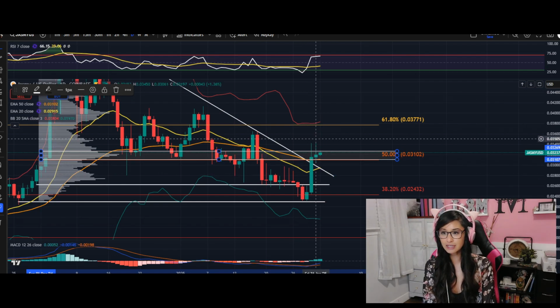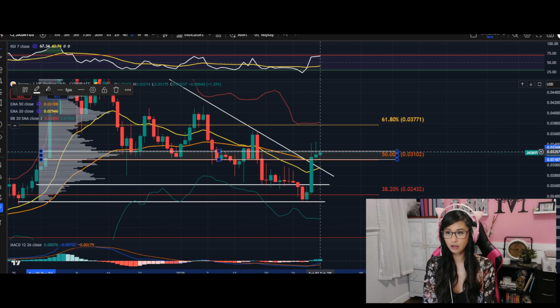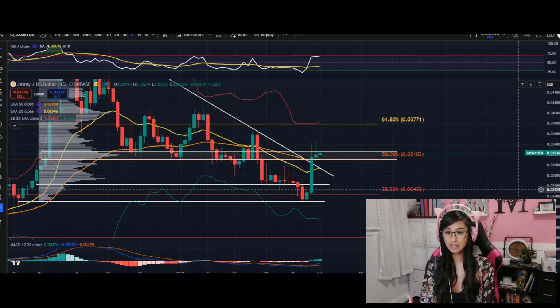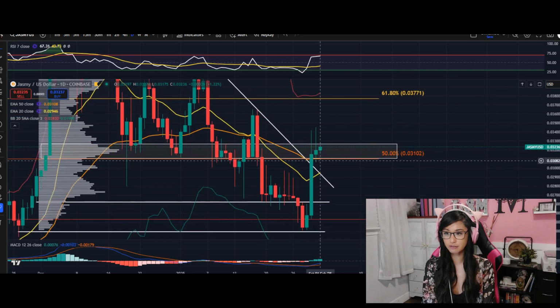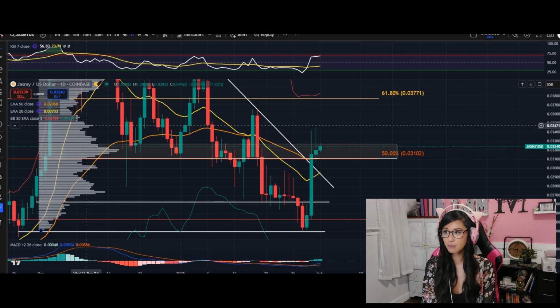Now the price itself is above our 50% of our Fibonacci at 0.031, and this is acting as immediate support. We have our secondary line of support, which is our 50 moving average here as well. So if the price does hold on to support very nicely here, we may see another retest coming up to this area of resistance.